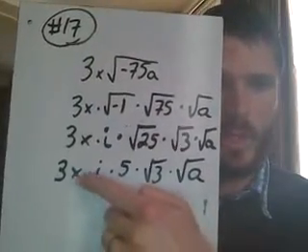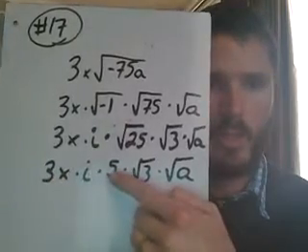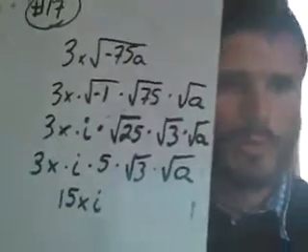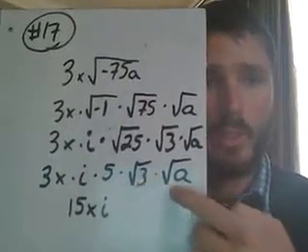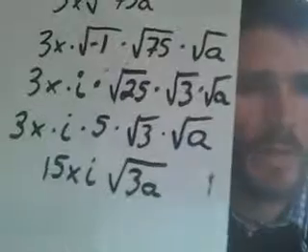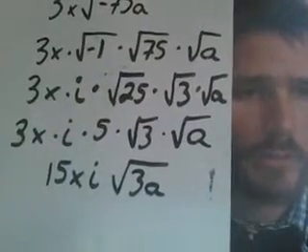We know that 3x times 5 is 15x, so we have 15xi, and then we have root 3 and root a, which can be put under the same radical, so that would be root 3a. I think that's as far as we can go: 15xi root 3a.